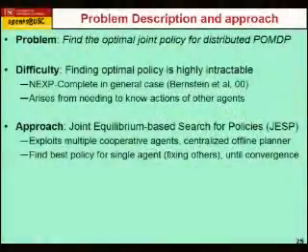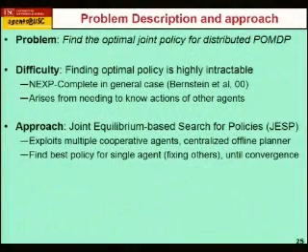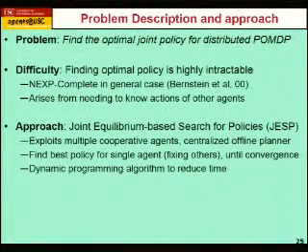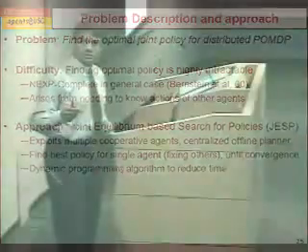The approach that I'm going to take, we call it the joint equilibrium-based search for policies. The idea is fairly simple. It exploits the fact that there are multiple agents and they're cooperative, so we can have a centralized planner come up with the policies for the different agents. The idea is to find the best policy for a single agent by fixing the others, and to iterate through the agents until you converge.